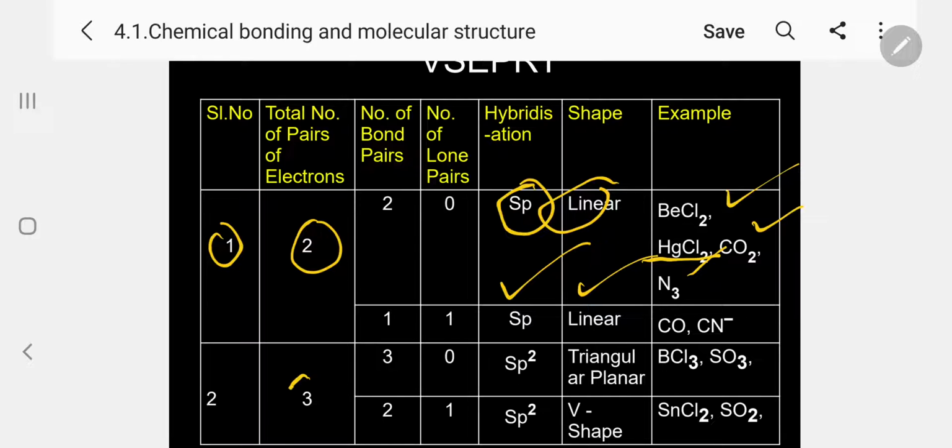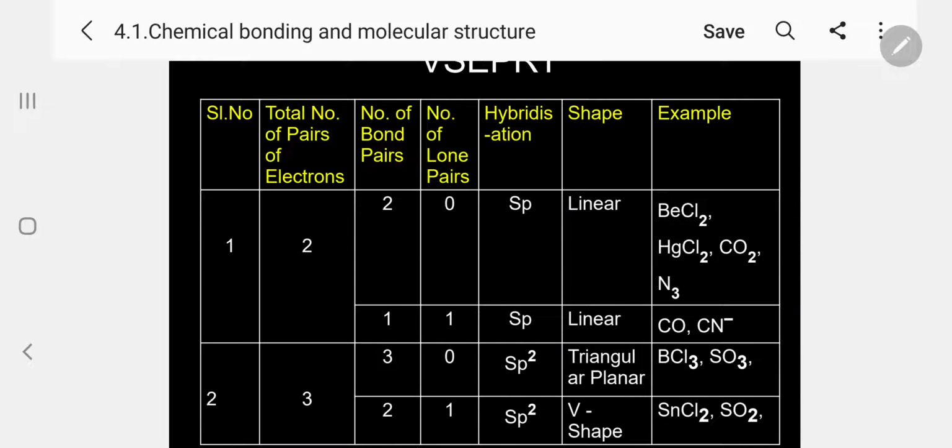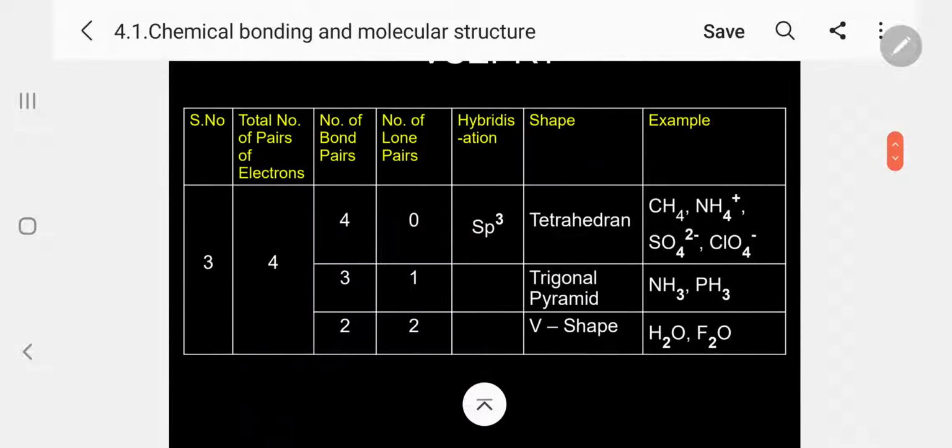If it is 3, bond pair 3, lone pair 0, sp2 hybridization, shape triangular planar, examples BCl3, SO3. And if it is 2, 1, the hybridization is the same, but the shape changes from triangular planar to V shape: stannous chloride, SO2.